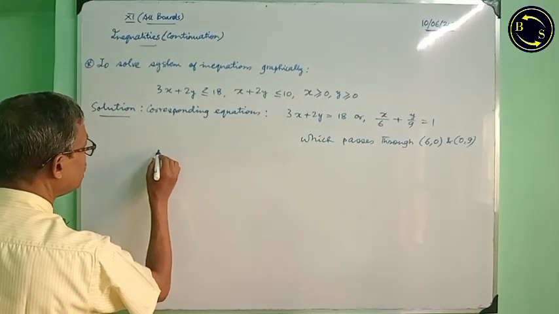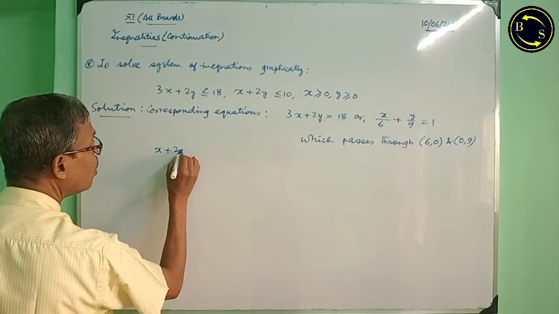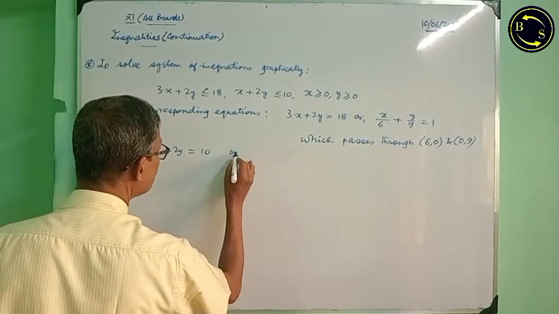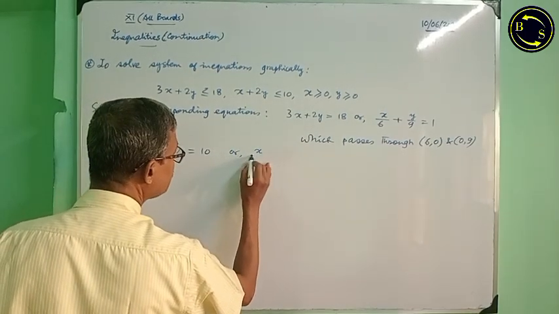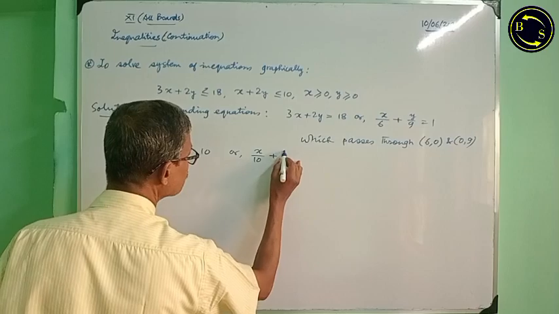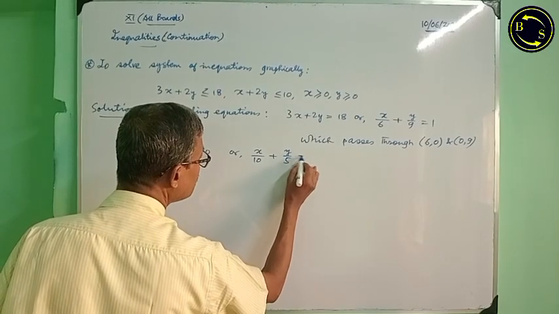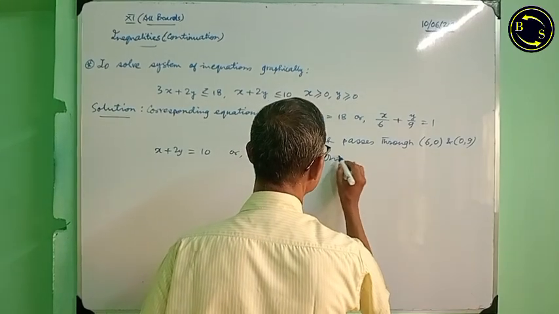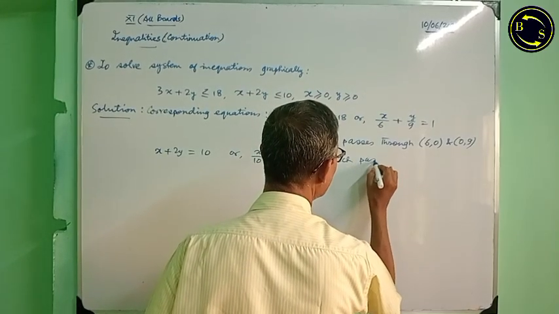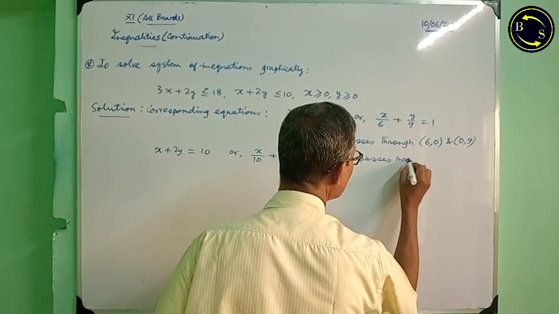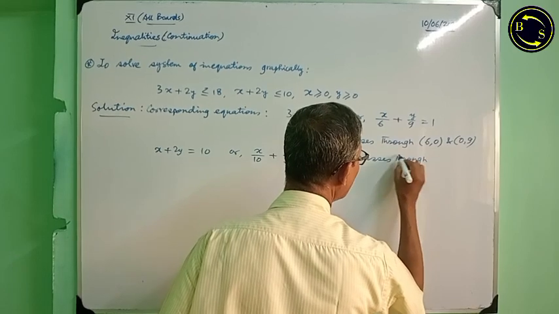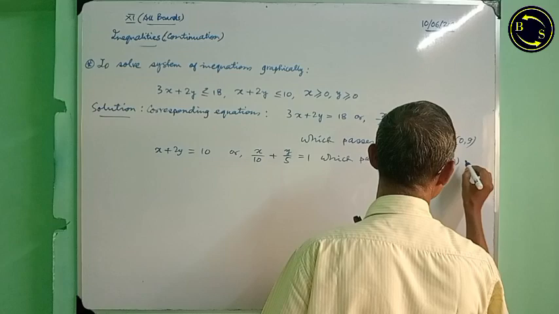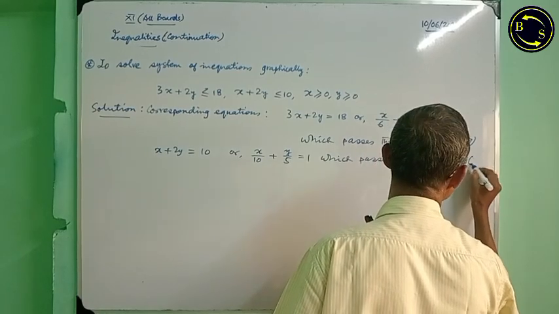Next one, x plus 2y is equal to 10, or x by 10 plus y by 5 is equal to 1, which passes through 10, 0 and 0, 5.